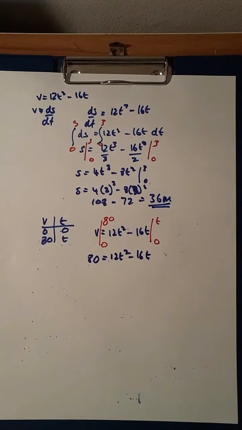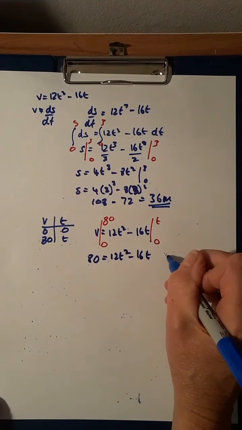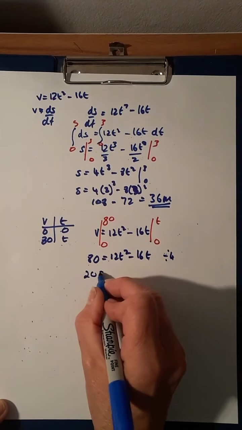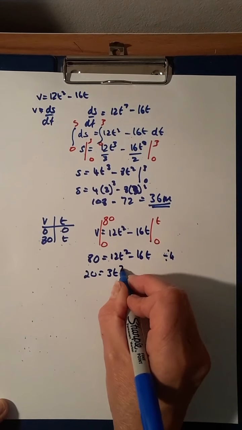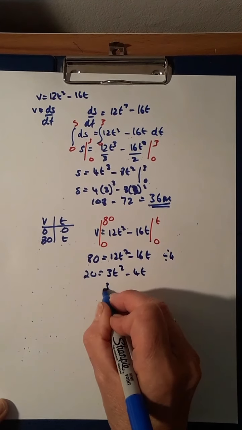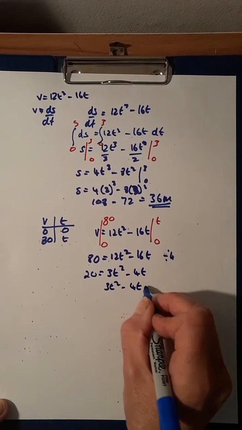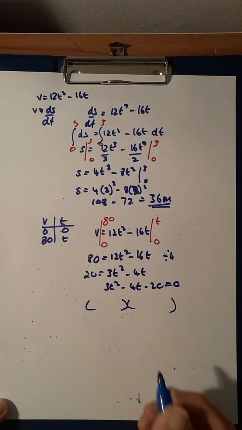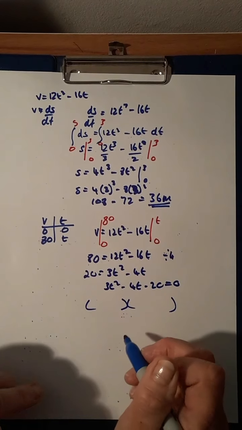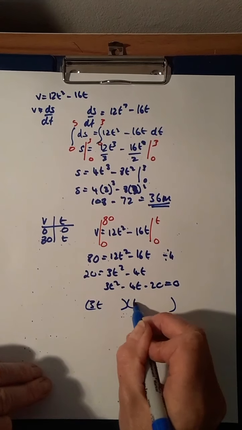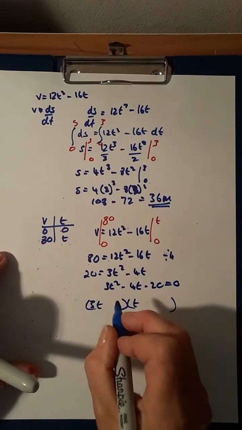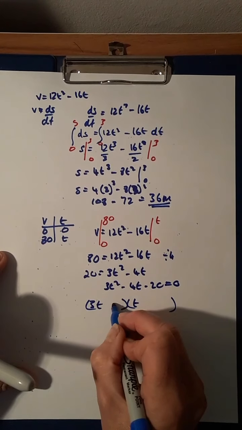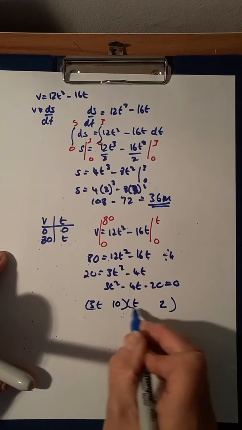So now I have a quadratic. I'll divide all the way across by 4. That'll give me 20 is equal to 3t squared minus 4t. So 3t squared minus 4t minus 20 is equal to 0. I'll solve that using the quadratic formula, or whichever method you use. 3t by t, factors of 20 are going to be 10 by 2, giving me a difference of 4, so I'll put the 10 here and the 2 there, that's going to be 6 twos.